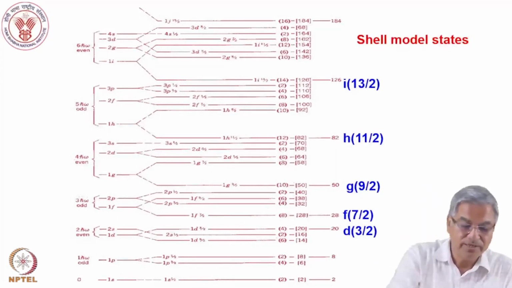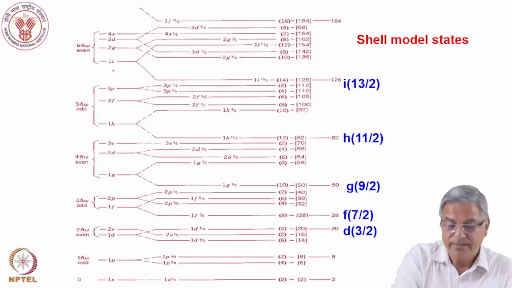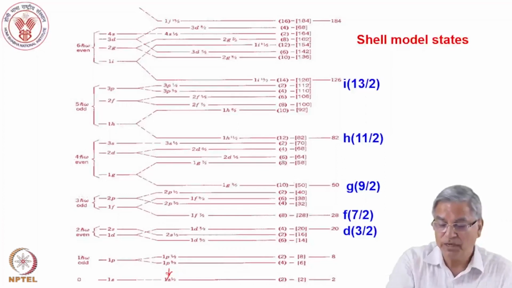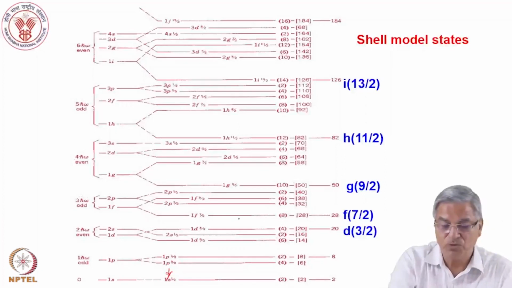So this is now the up-to scale. You can see here the shell model states without spin orbit coupling: 1s, 1p, 1d, 2s, 1f, 2p, 1g, and so on. Then you can apply spin orbit coupling here, giving 1p 3/2 and 1p 1/2. Up to 20 there was no problem. Now you have F7/2 being lowered.